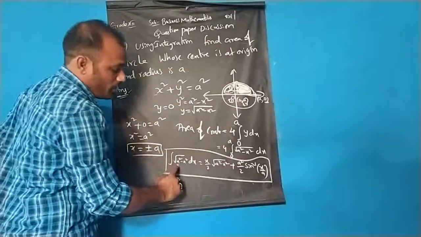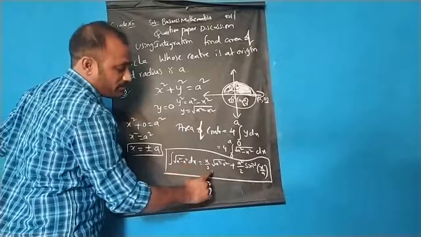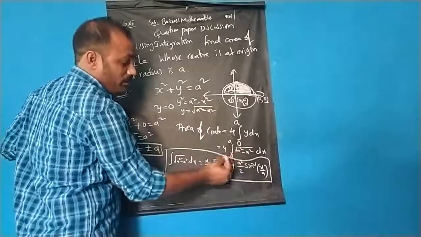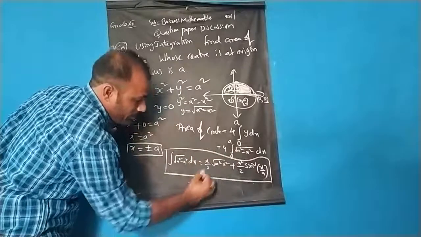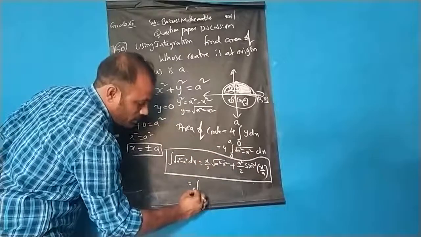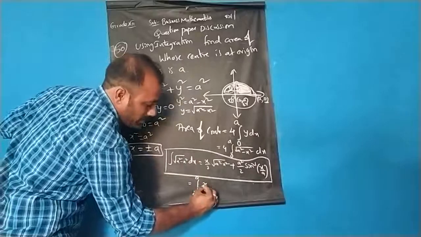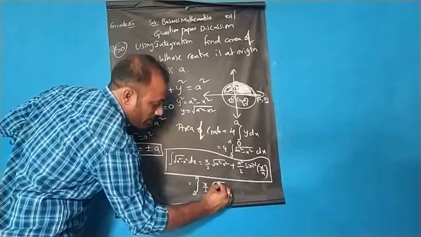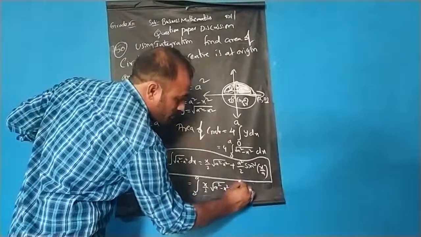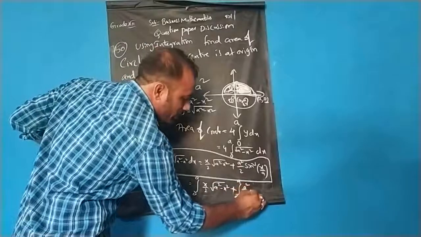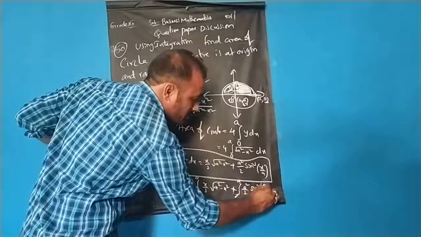Here the boundary limits are 0 to a, so we will apply them here.